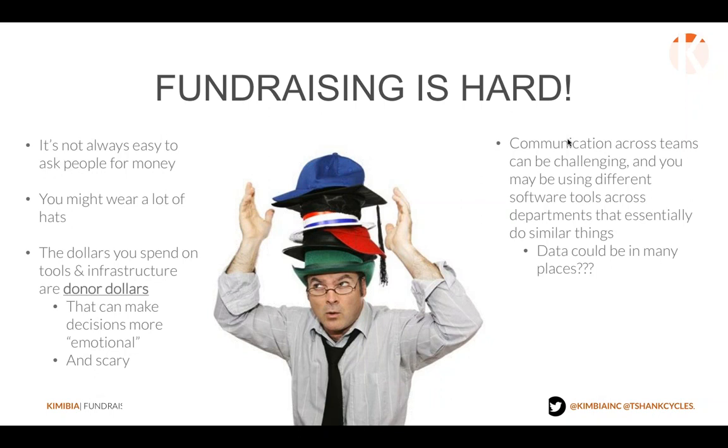So I want to talk about that today and give you some tips and tricks for how that's actually getting easier and less scary. Communication across teams can also be challenging. It's very possible, maybe you can just kind of raise your hand if you feel this way, you might have a few different teams within your organization who are using different tools, maybe to do the same thing.